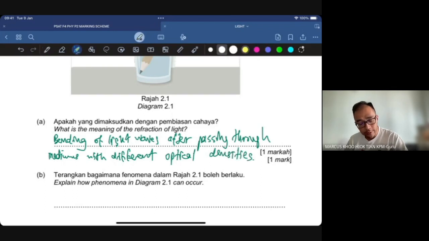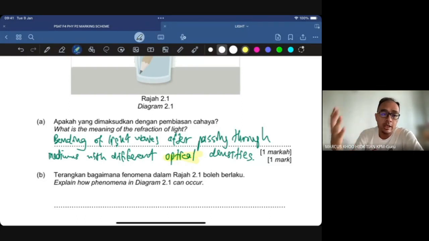The only difference between refraction of light and refraction of wave is the word optical. So if it is refraction of light, you put the word optical. If it is refraction of wave, then you just say bending of waves after passing through mediums with different densities. Enough. We keep the definition the same, just like color light. Make sure that you put the words that have to do with light.